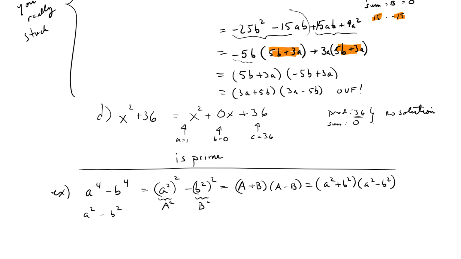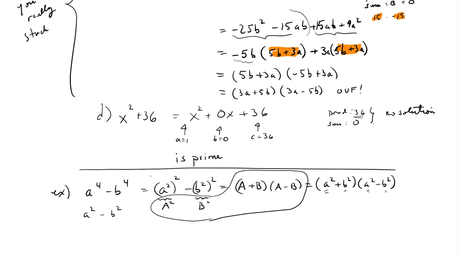Okay, so of course, this part is something that you usually do in your head, okay? Just saying, oh, that's what's inside the bracket, that's something squared, so it's going to show up here and here, and the b squared shows up here and here.